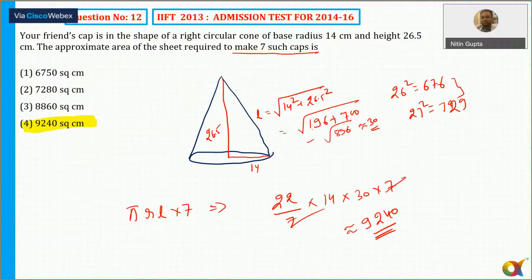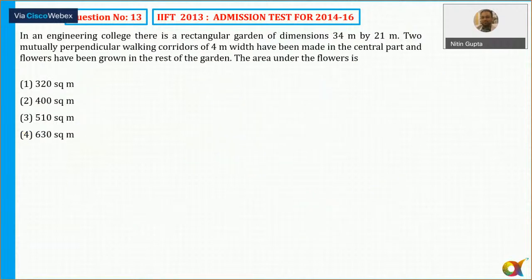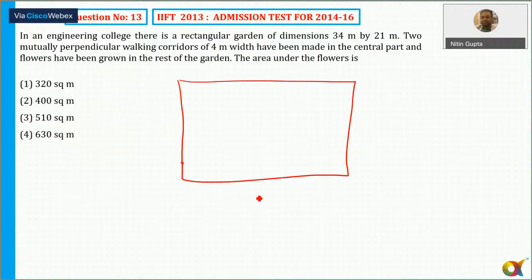Yeah, okay. Question number 13. In an engineering college, there is a rectangular garden of dimensions 34 by 21. So एक rectangular garden है, dimension जिसकी क्या है? This is 34 and 21.